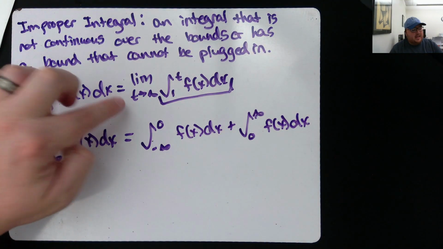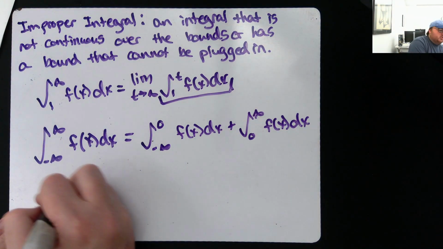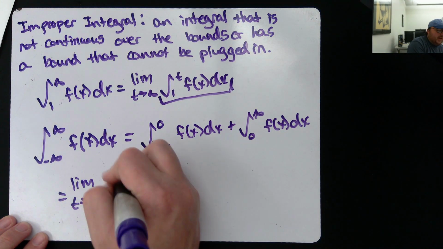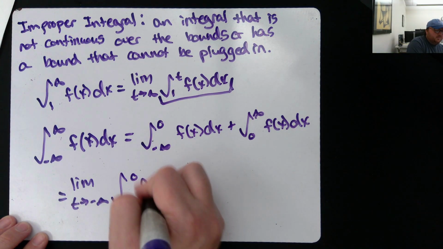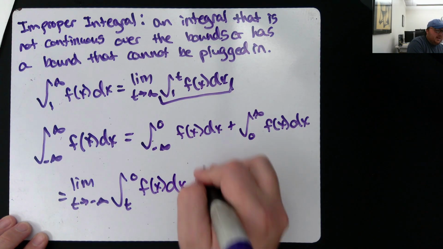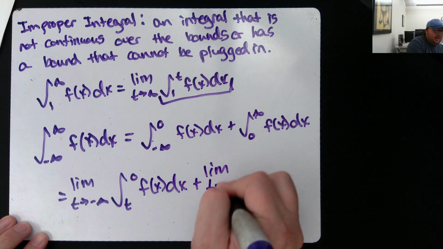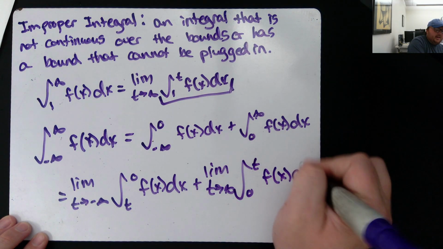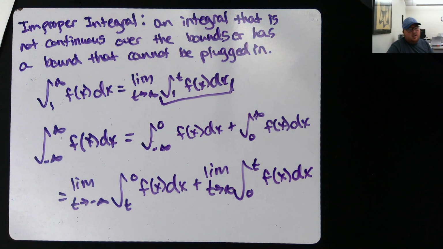Then I can do this same rule here to both of those. So this would be the limit as t goes to negative infinity of the integral from t to 0, plus the limit as t goes to infinity, integral 0 to t of f of x dx, and work them out. That's how I'm going to handle these.